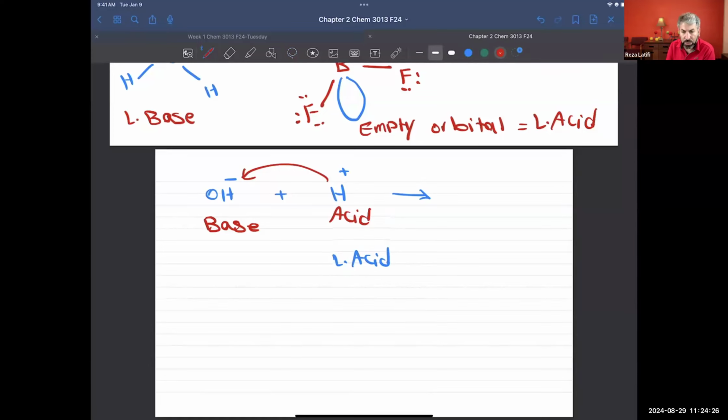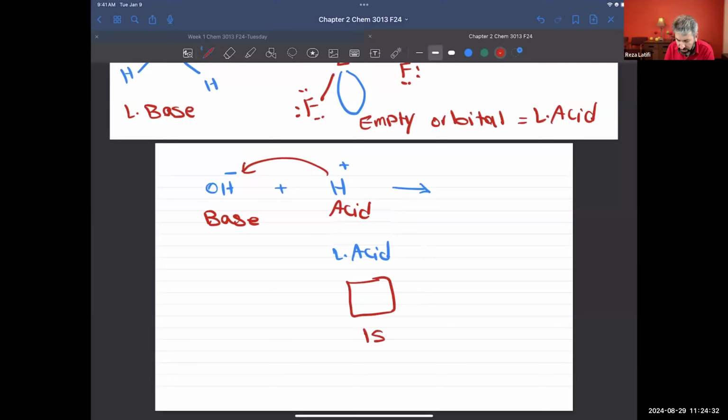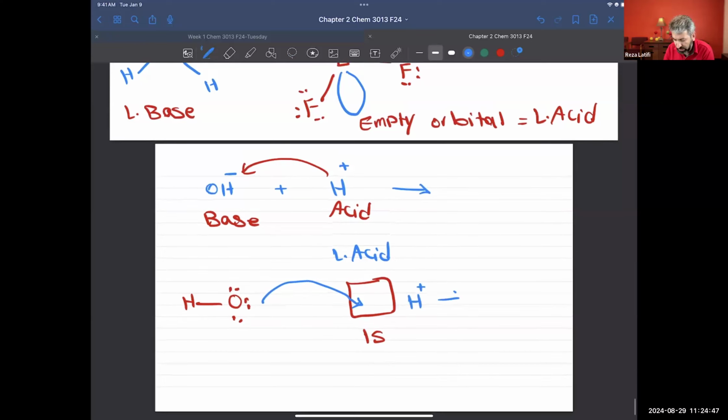Now, for Lewis acid versus Lewis base, H plus has an empty orbital, which is a 1s with no electron. How about OH? Oxygen has 3 lone pairs on it. Oxygen is going to put an electron pair inside the H plus orbital, and that gives you water with 2 lone pairs. So H plus is an acid based on the Bronsted-Lowry definition, and H plus is also a Lewis acid, because it has an empty orbital.